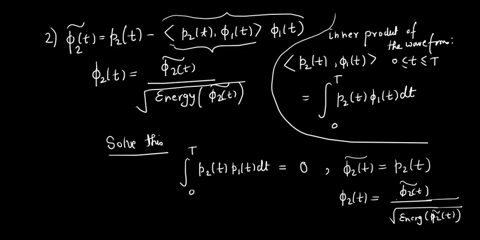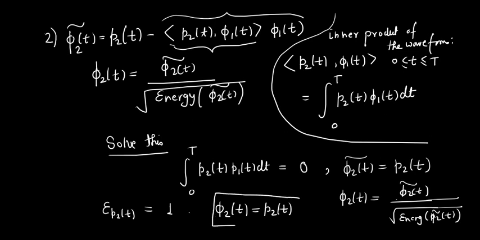So, if you try to find out the energy of P2T, it will be 1, just do it, it will be 1, and therefore, phi 2T would be the same as your P2T. Now, you have phi 1T as well as phi 2T.